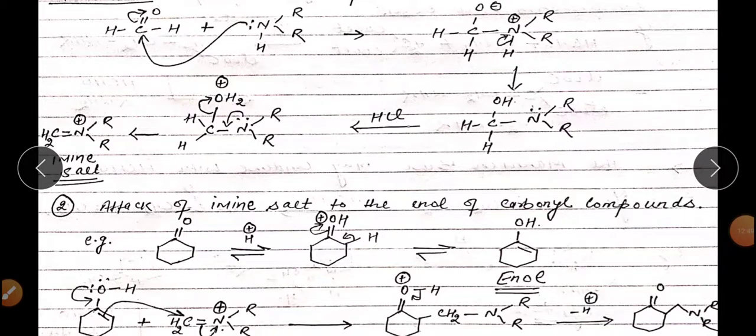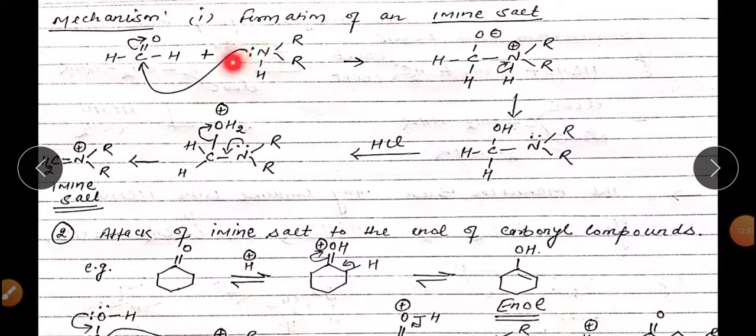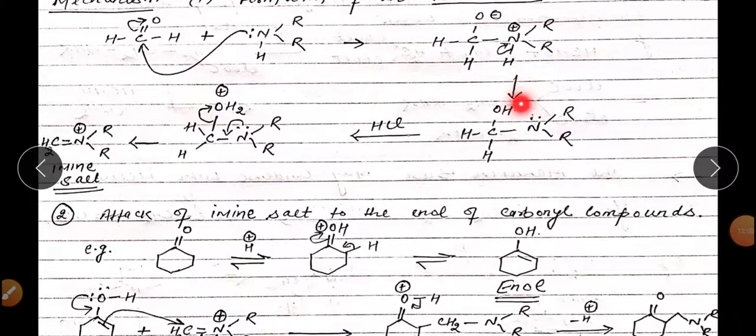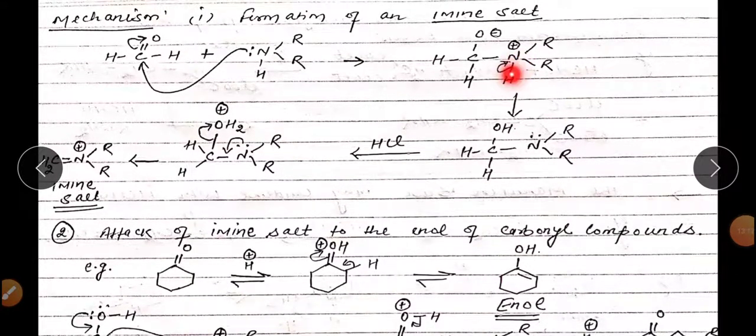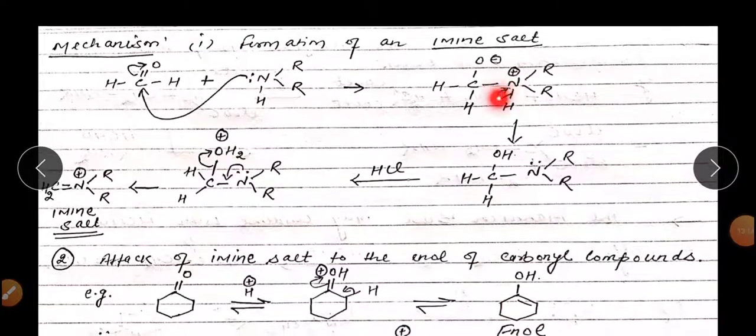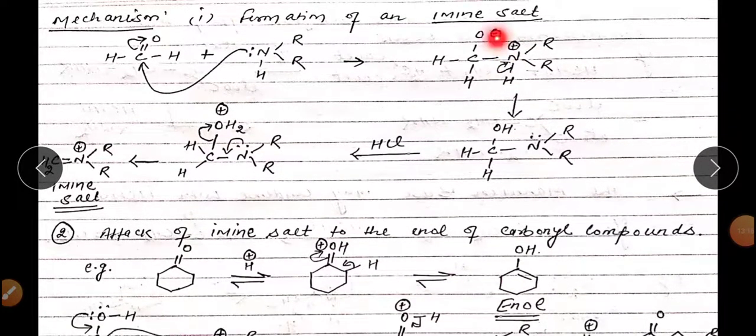How is it synthesized? The lone pair of electrons on the nitrogen first reacts with the carbonyl carbon and forms this, which is deprotonated, meaning there is an exchange of H positive. The electrons move to nitrogen and O negative abstracts this H positive.